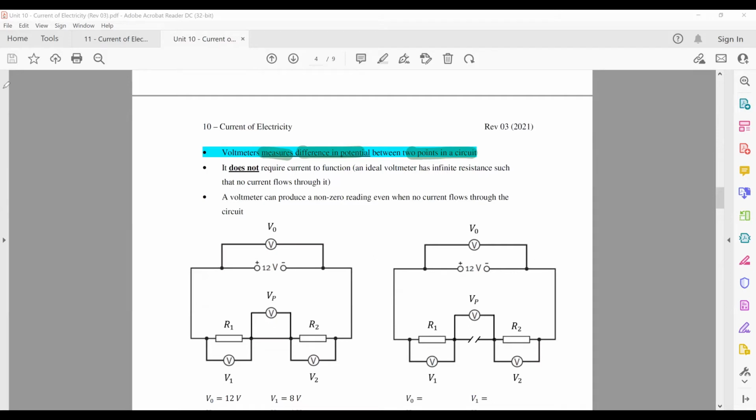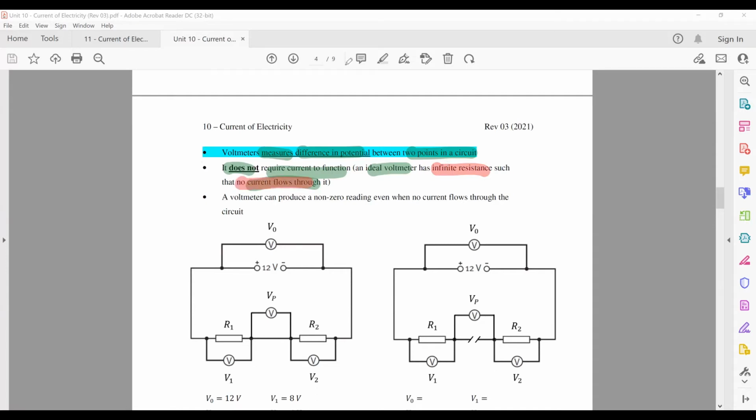Now voltmeters by themselves do not require a current to function. So a voltmeter usually does not have current through it. An ideal voltmeter is supposed to have infinite resistance so that no current flows through it.